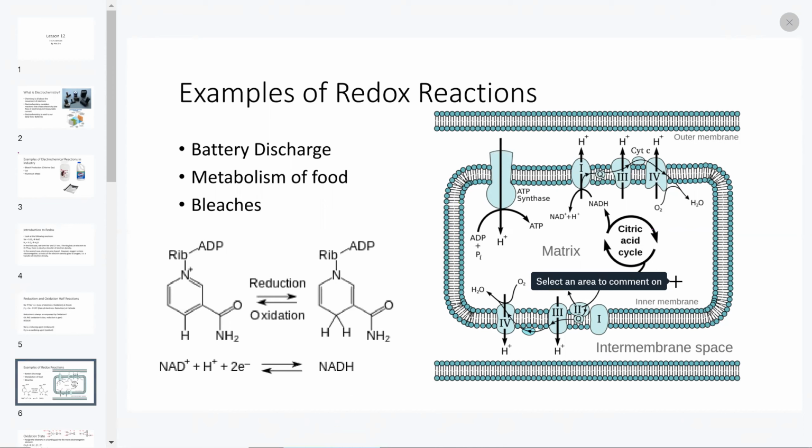So glucose gets oxidized to pyruvate, and pyruvate gets turned into acetyl-CoA. But remember that oxidation is always accompanied by reduction. So when glucose gets oxidized to pyruvate, it reduces NAD+ to NADH. So here we can see the reaction. NAD+ plus 2 electrons goes to NADH, and here's the reaction.